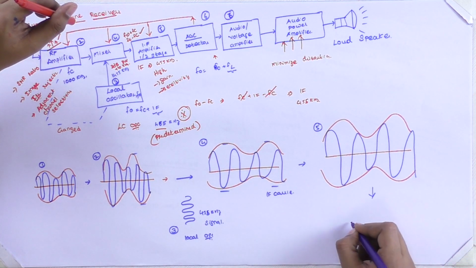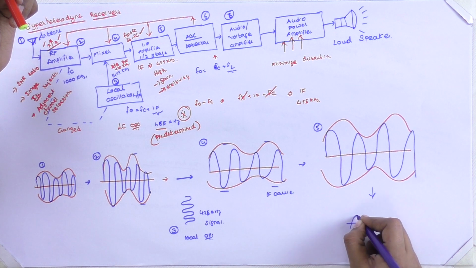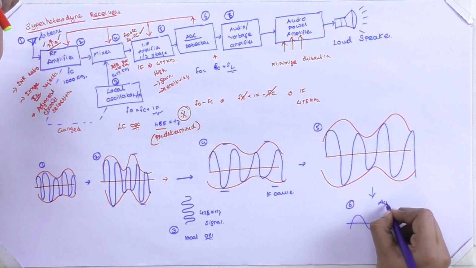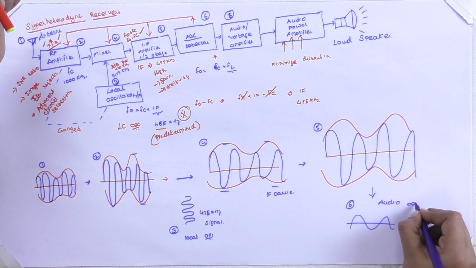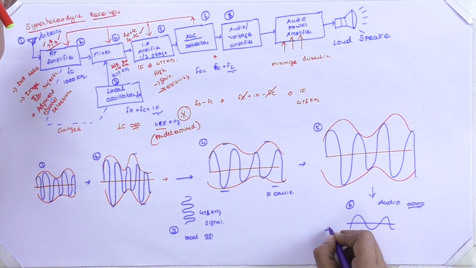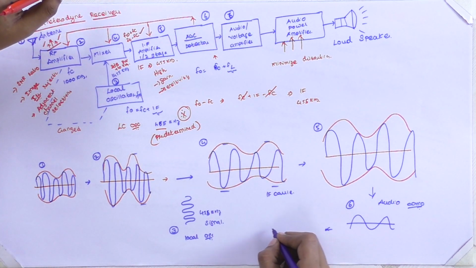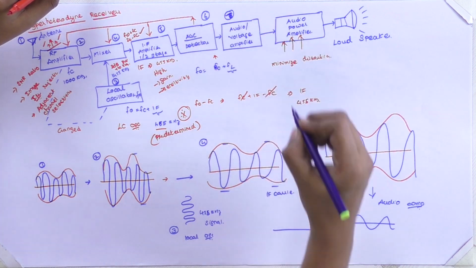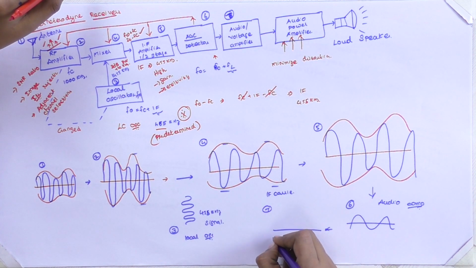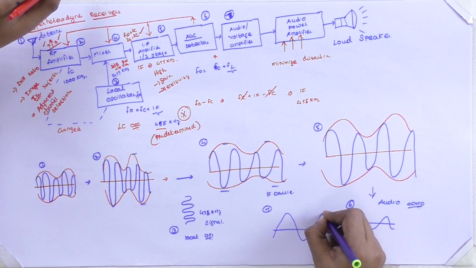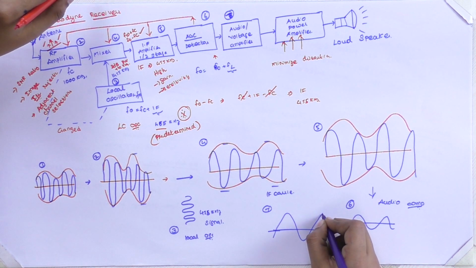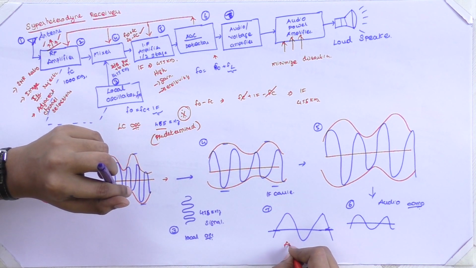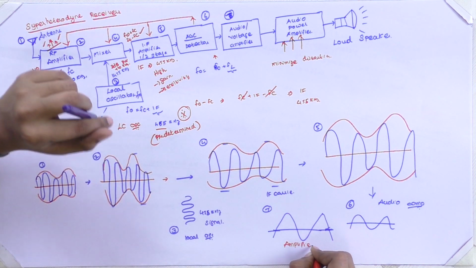In the sixth stage we get only the audio output, the audio component, which is again amplified using a series of power amplifiers. This is our seventh stage. This is the amplified audio component.